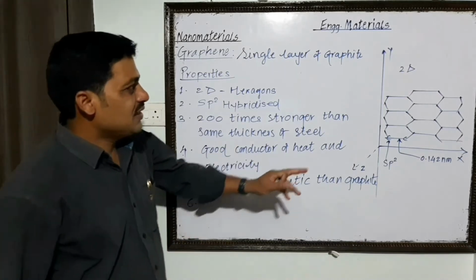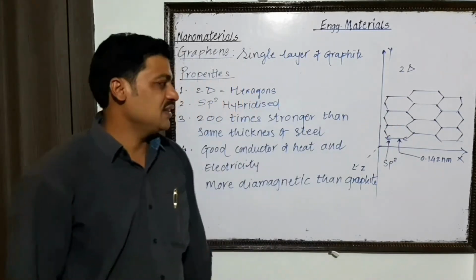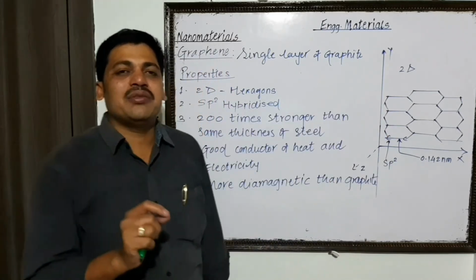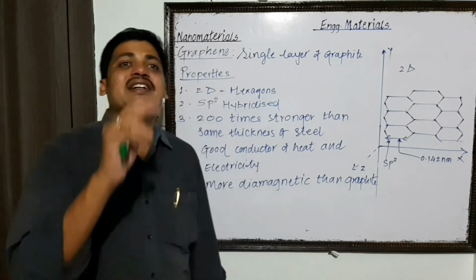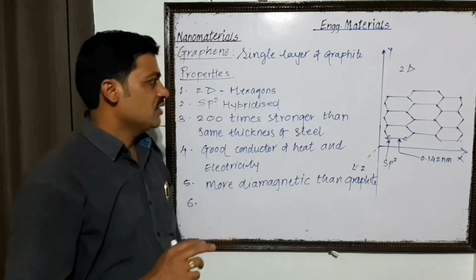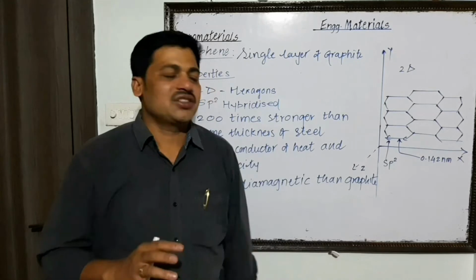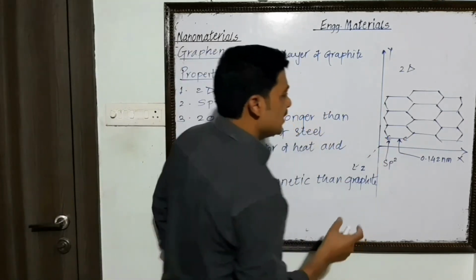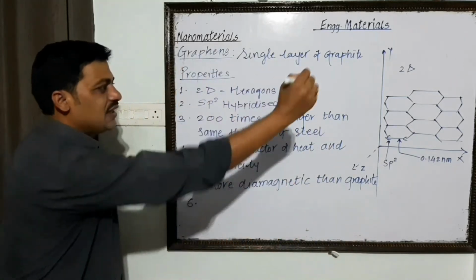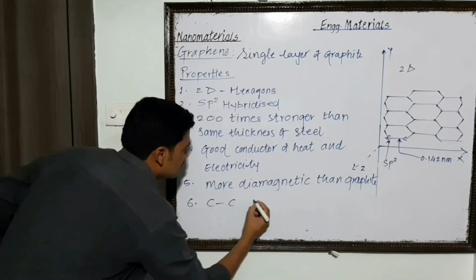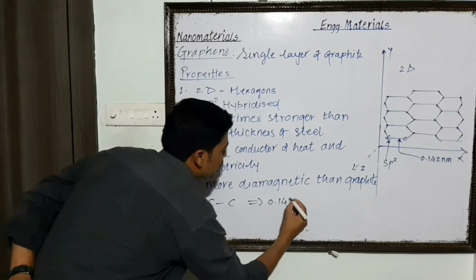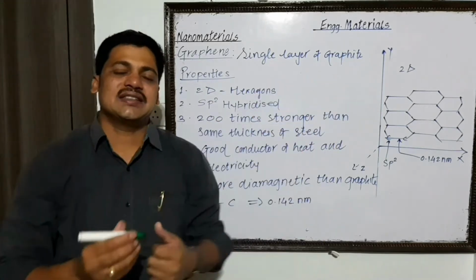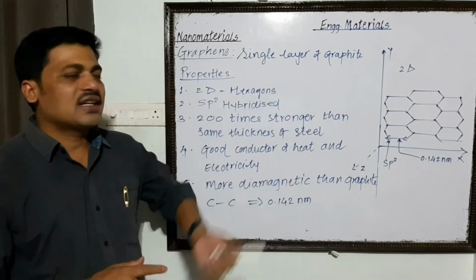Friends, please remember that this is the only form of carbon in which every carbon atom is available from two sides for chemical reaction. One more important property: the distance between carbon-carbon atoms is 0.142 nanometers. These are some of the important properties of graphene.